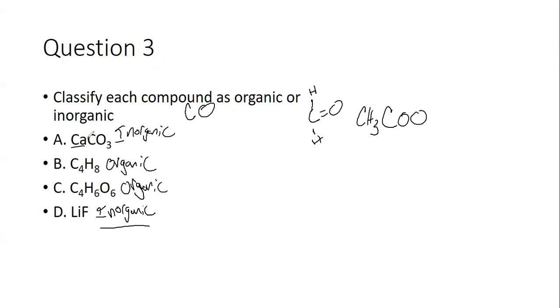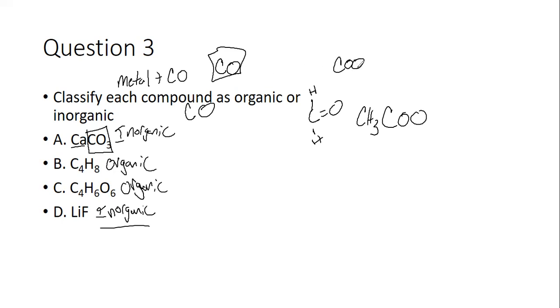So like this, there's no hydrogen there and only a metal. So that's what makes it inorganic. So metal plus CO, that would be inorganic. If it's just C and O, or however many O's you have, inorganic.